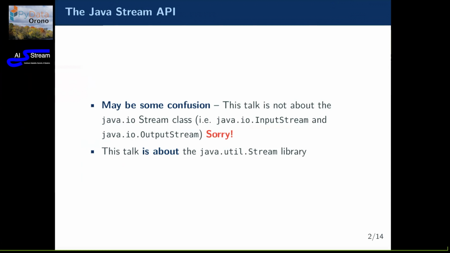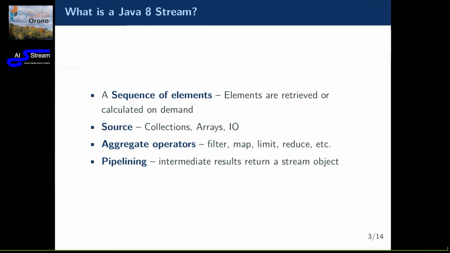The Stream API that I'm talking about tonight is the one that you'll find in the Java util package. The Java 8 Stream API is a library that allows you to access a sequence of elements.